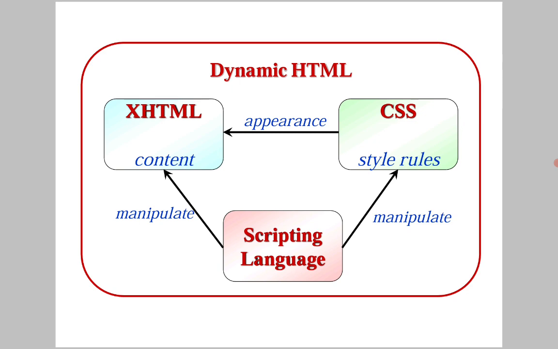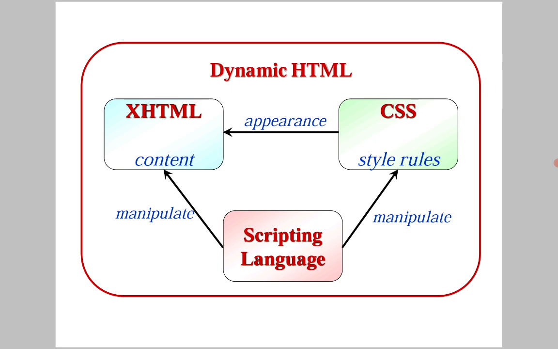DHTML is nothing but a combination of more technologies, all the technologies used at a time is called DHTML. In DHTML the first one is CSS or cascading style sheets.